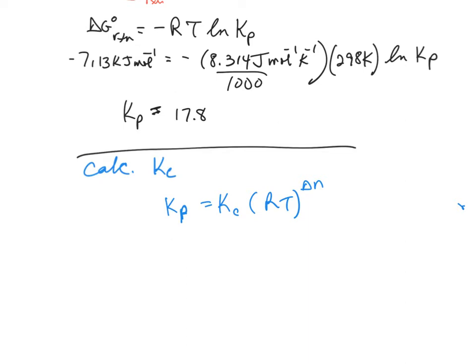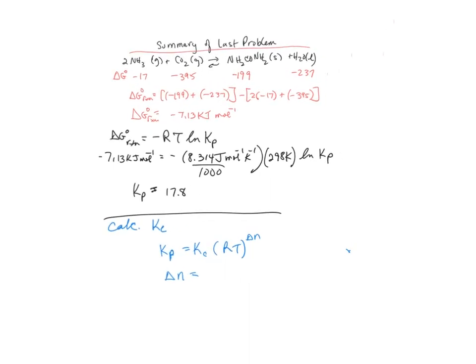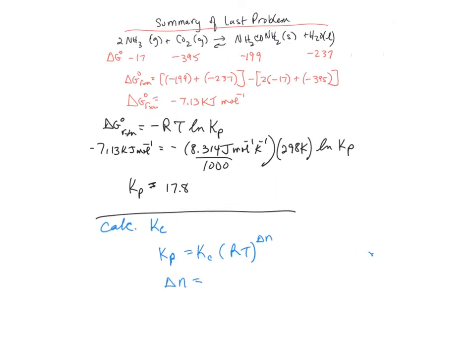First of all, what is delta N for the reaction? You have to go back up and look at the stoichiometry for this, and you get 1 plus 1 minus 2 minus 1. That's where that comes from.